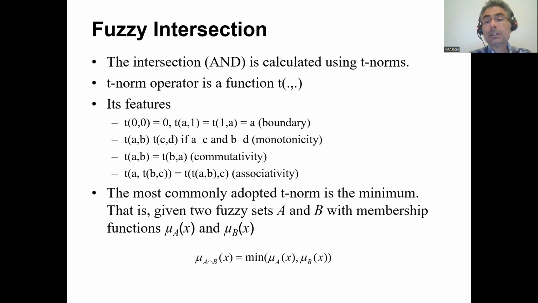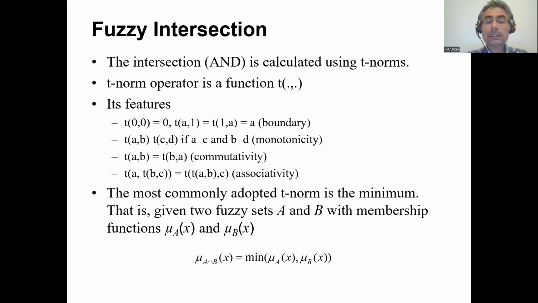Fuzzy intersection is calculated using T-norms and described in that way with all the features. The most commonly adopted approach to take fuzzy intersection is to take the minimum. As we said in the earlier example, given two fuzzy sets, fuzzy set A and fuzzy set B, and they have their own membership degrees or even membership functions, it doesn't matter here.